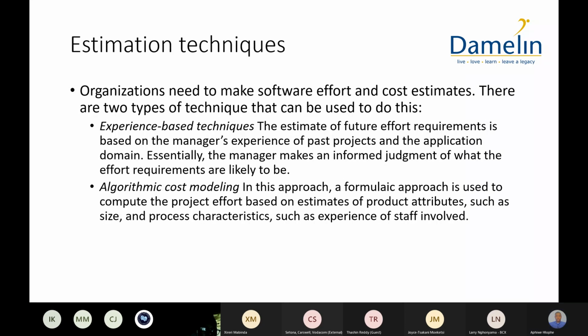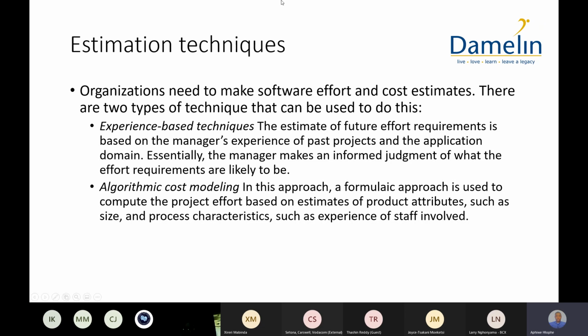So there are certain techniques that we employ to estimate the cost of software. Okay, so organizations need to make software effort and cost estimates. There are two types of techniques that can be used to do this.